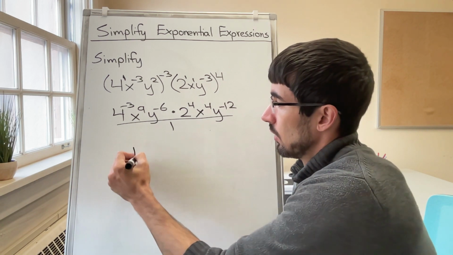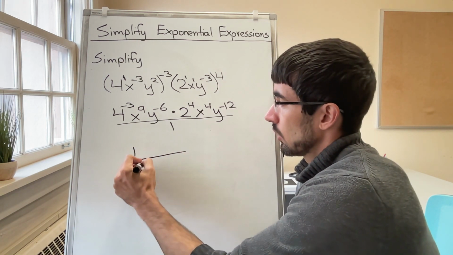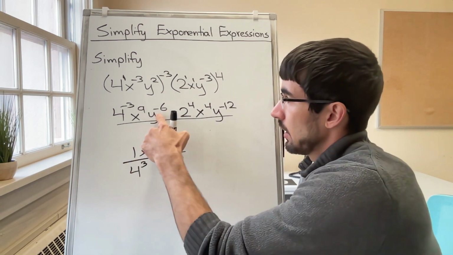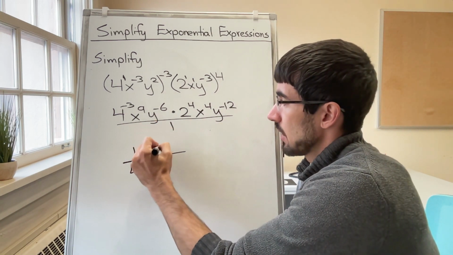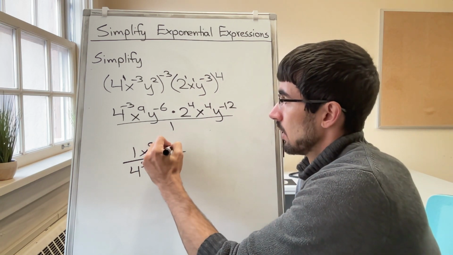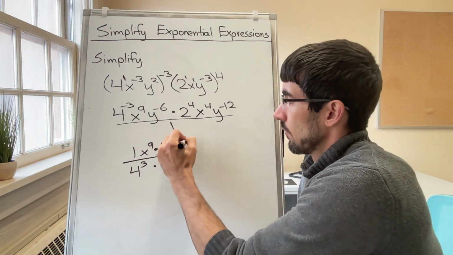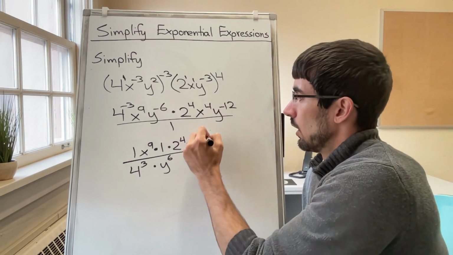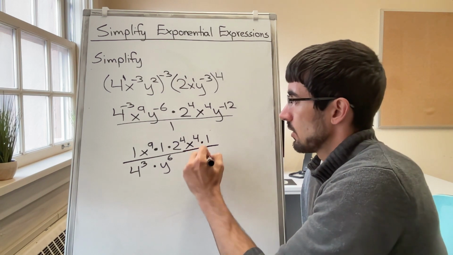So I have 1 over 4 cubed times x to the 9. Here I have y to the negative 6, so that's like 1 over y to the 6 times 2 to the 4th times x to the 4th times 1 over y to the 12th.